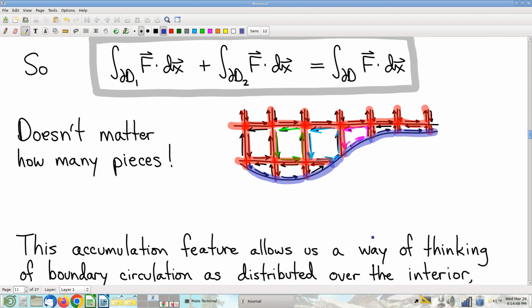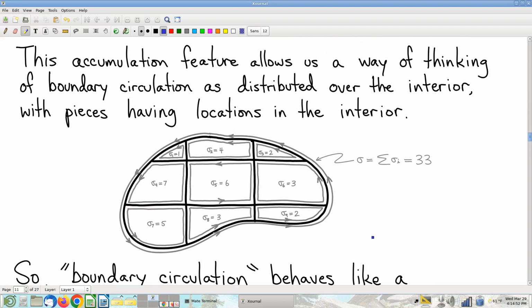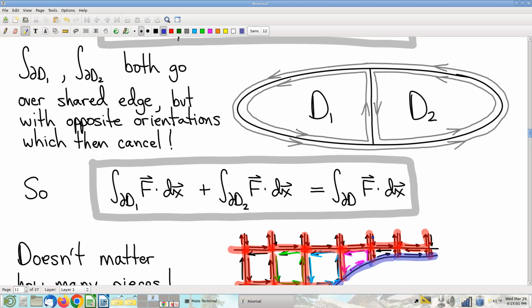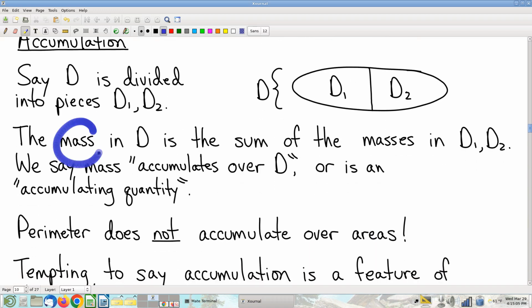So all right. Now here comes a kind of a weird idea. This is a repetition of something I said before, but I want to explain why this is so important. You want to think of accumulating quantities as something we associate to the area. Mass accumulates over the area because it is the area that I'm going to chop up into pieces.